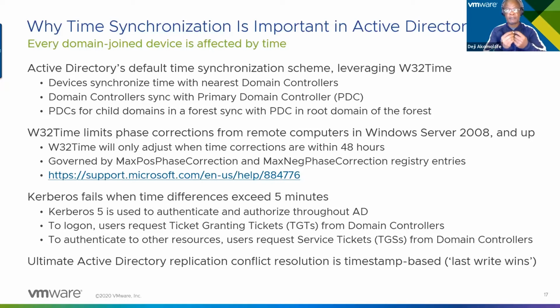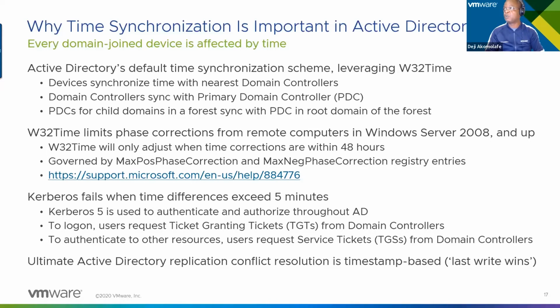When the time is optimal, then conflict resolution in an Active Directory environment is kosher. It's all good. When it's off, for example, by more than 5 minutes, Kerberos authentication fails. Passwords don't get synchronized, people can't log in, and many other things fail in that environment.